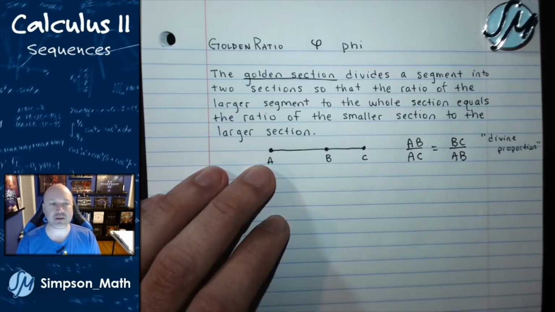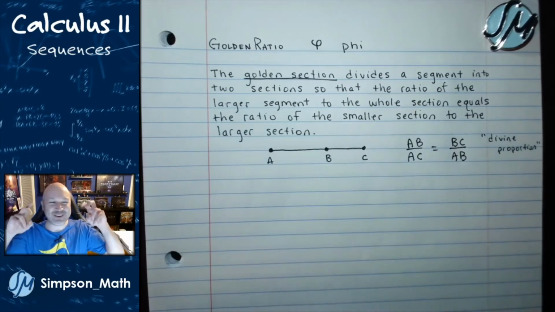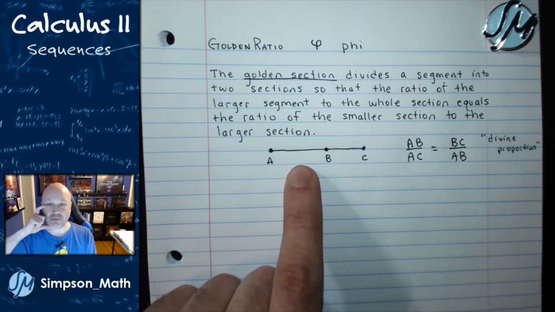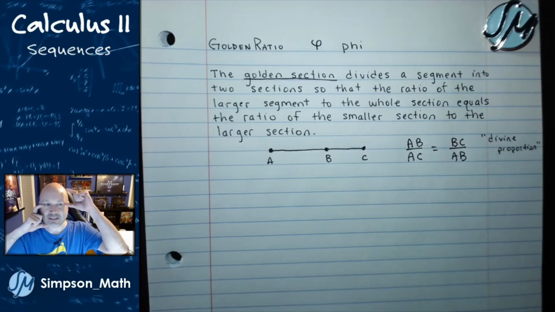One area is my face. A beautiful person, they would have this golden ratio all in there. So you can think about the distance from my chin to the eye as the AB, the larger segment, and then my face BC. That's the eye distance, probably to the top of my hairline.